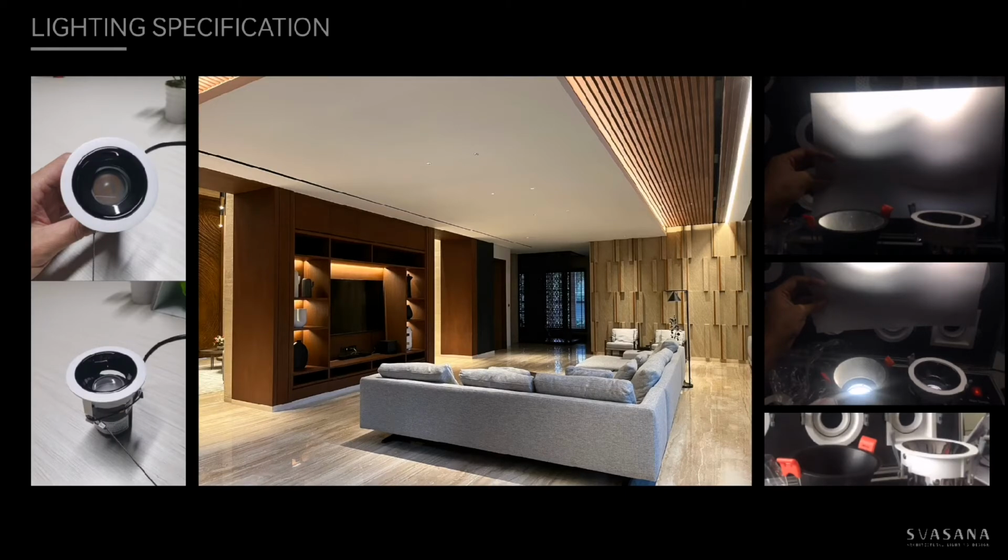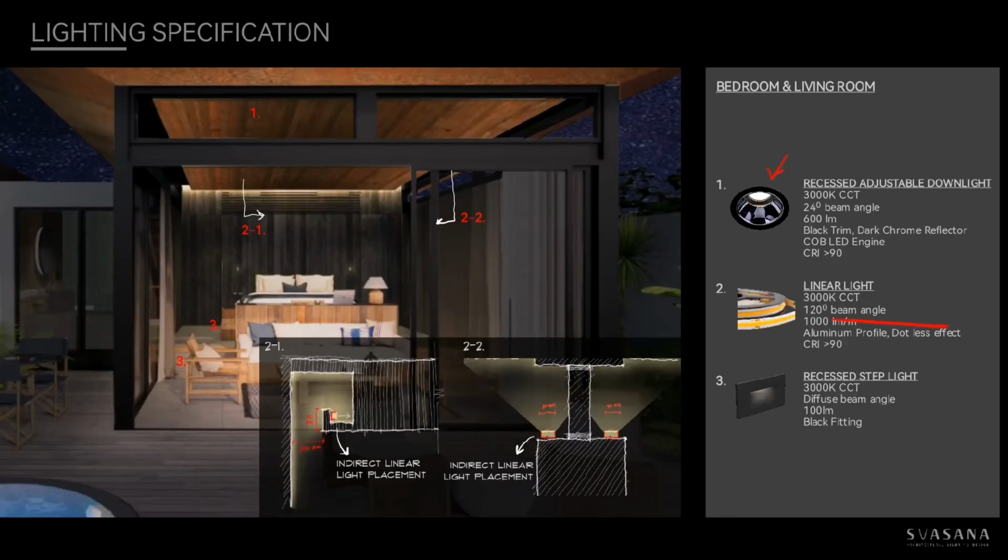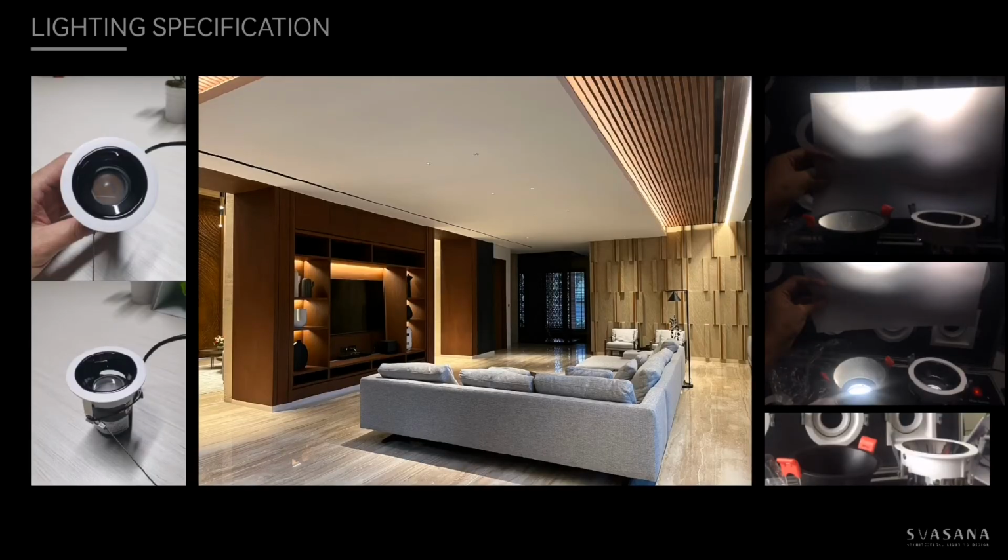But in the left pictures you can see the trim is still white, but we can use the black trim which fits with the cabin.